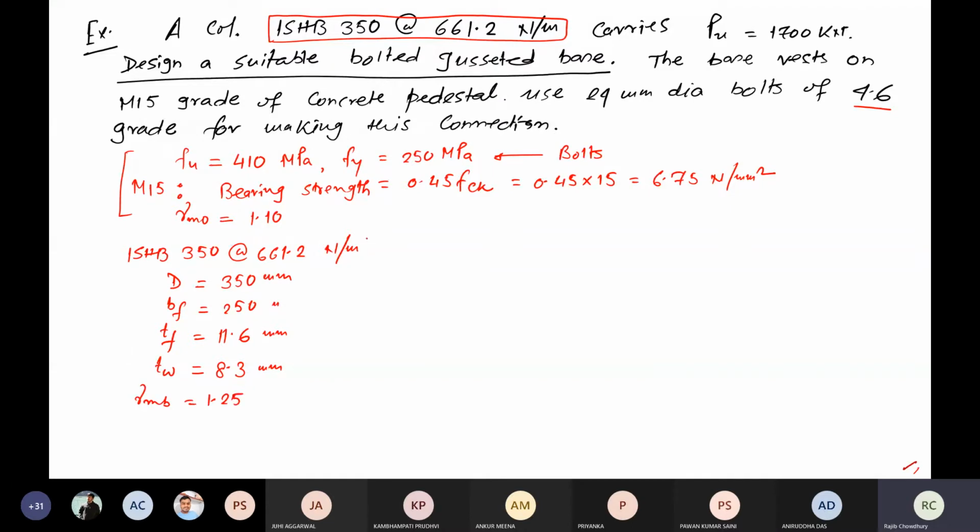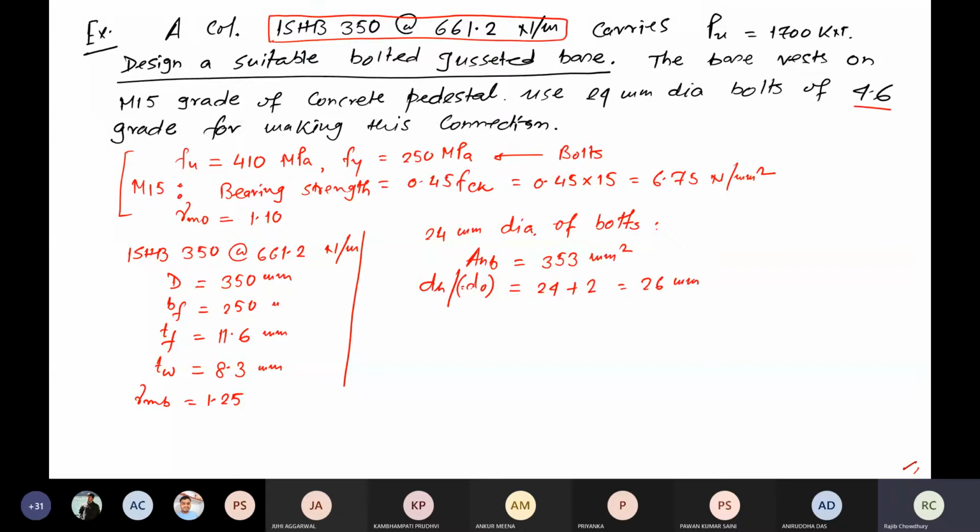Now it is a 24 mm dia bolt. For that, the effective area, you know now the terminology of A and B, is 353 mm square, and the d0 value, the hole diameter, becomes 24 plus 2.